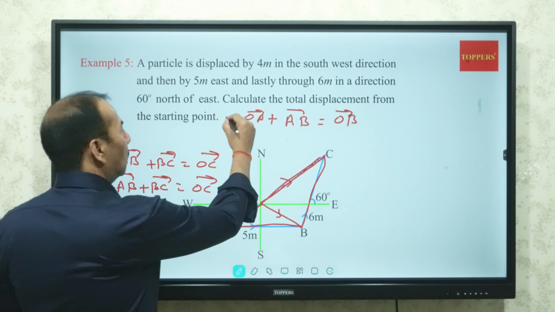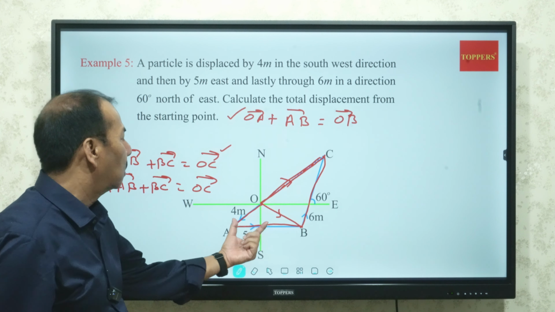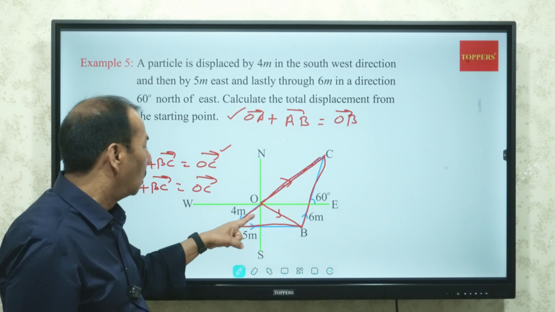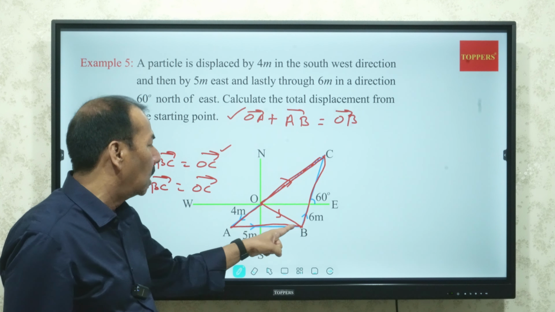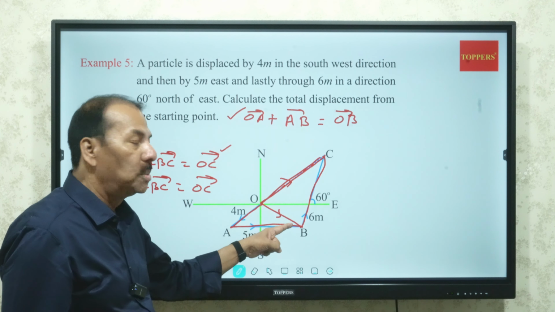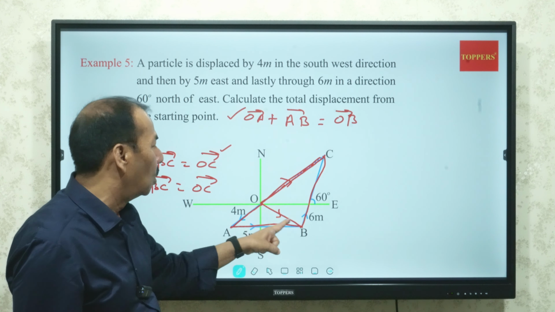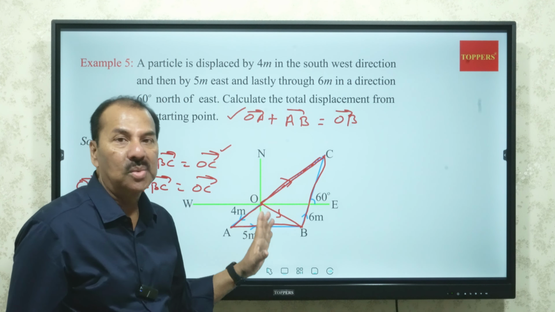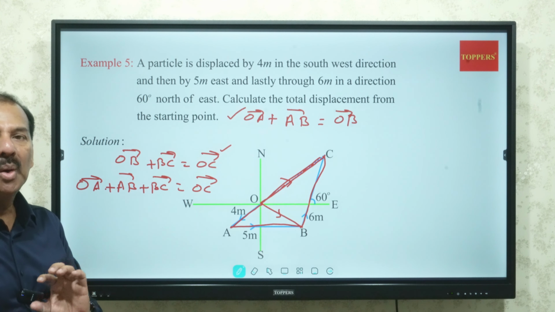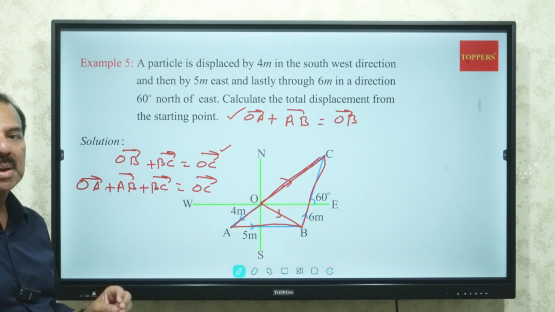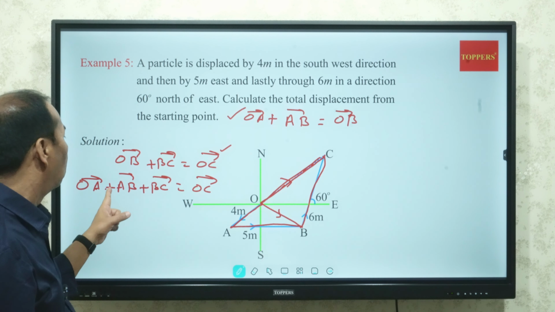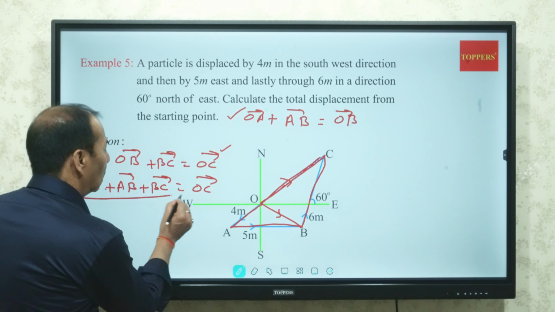We have used the stepwise solution here. First we considered the triangle addition law for these two displacements OA and AB, and we got OB. Then we considered the triangle OB plus BC equal to OC, satisfying all prerequisites of the triangle addition law. So finally we got this relation.